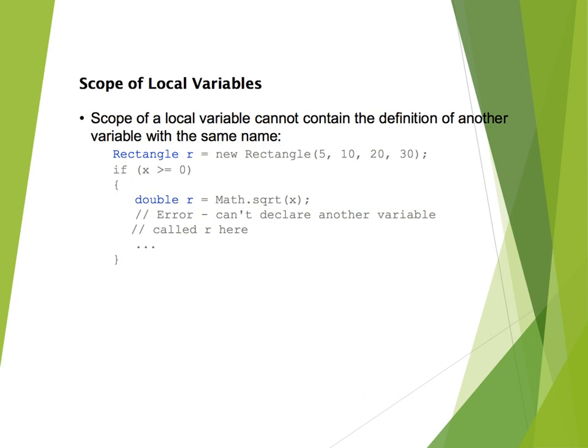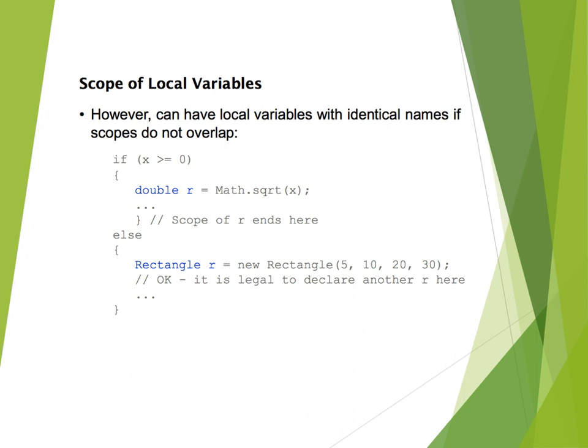So basically, that would cause an error because you cannot declare another variable with the same name inside the scope of a variable with the same name. So this area is the scope of rectangle r, so you cannot define the double r in it because it creates ambiguity.